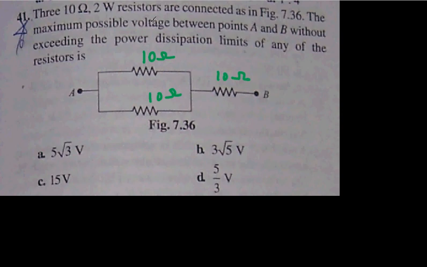Okay, why is this 2 watt there? And what is the meaning of the rating of any resistor? If you have any resistors, is it possible to pass any amount of current without damaging them?